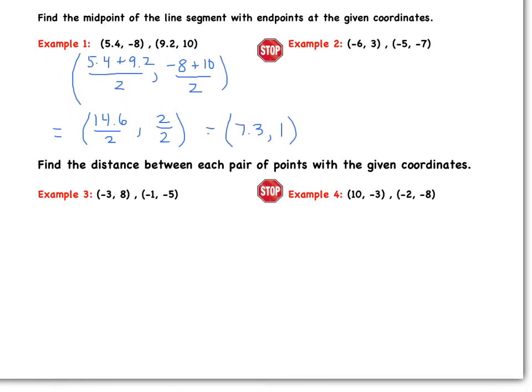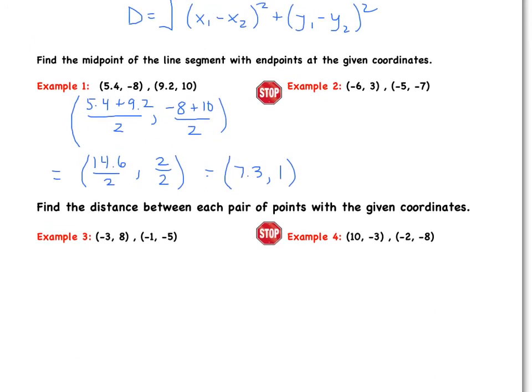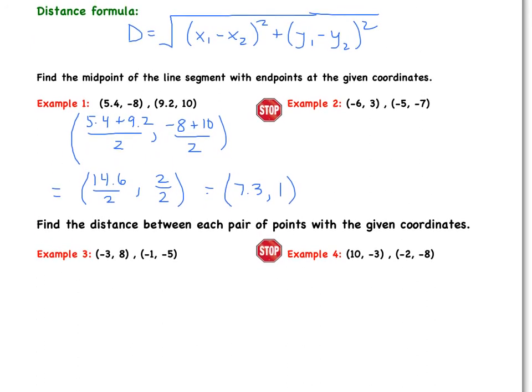The next thing we are going to do is look at the distance between each pair of points with the given coordinates. So we're looking at the distance between (-3, 8) and (-1, -5). Here we go.